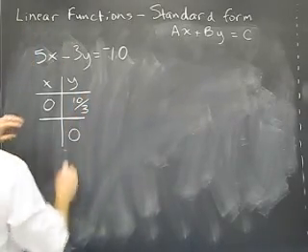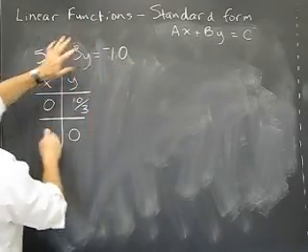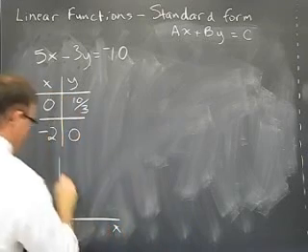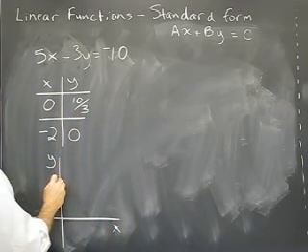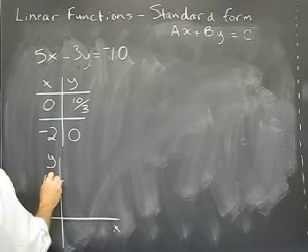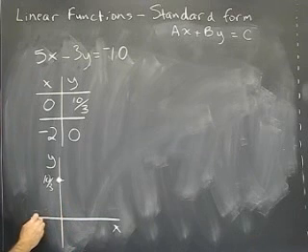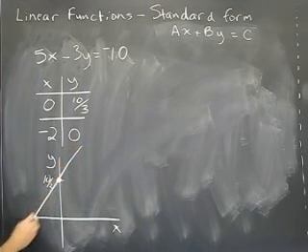And if y equals 0, cover that up. 5x equals negative 10, divide that under, negative 2. So I can count my graph right away. The y-intercept is 10/3. That's a little bit more than 3. And my x-intercept is negative 2. My line is going to go like this.